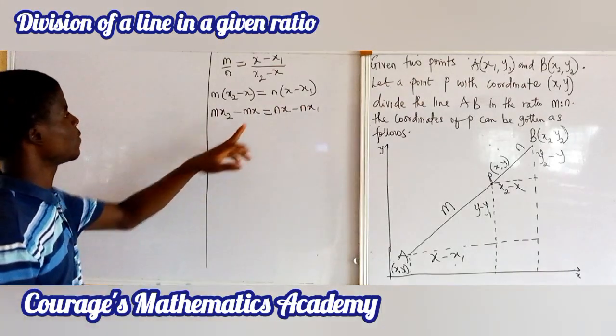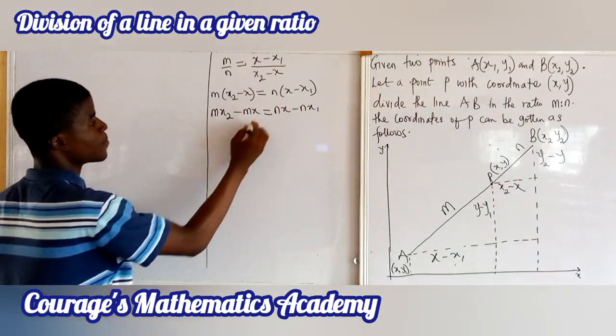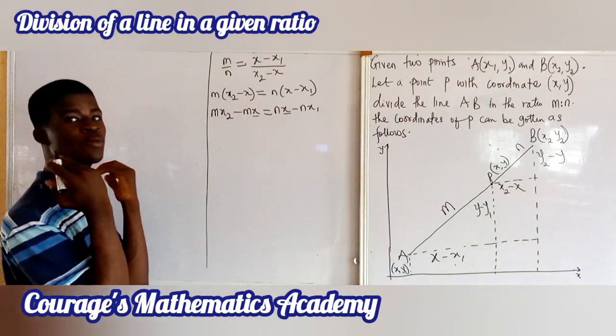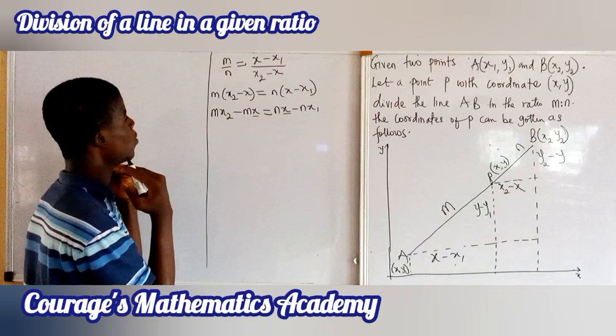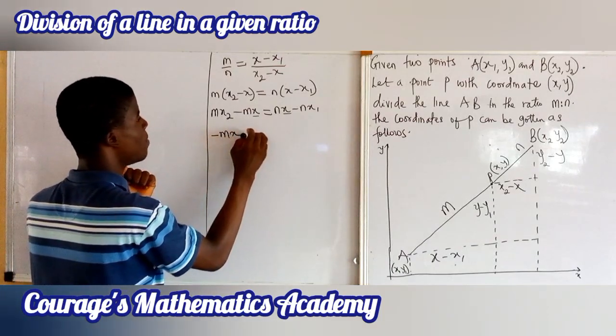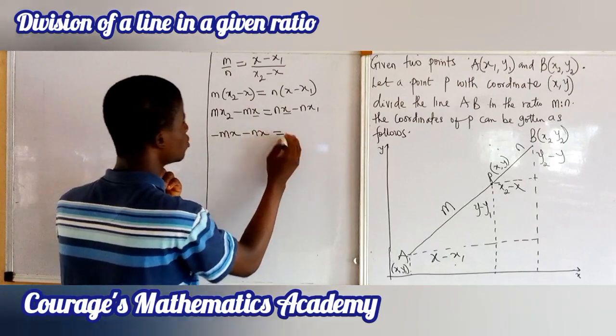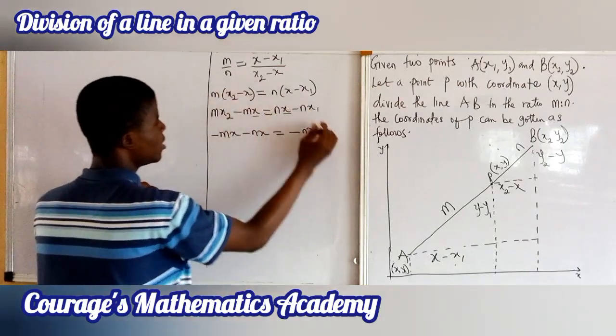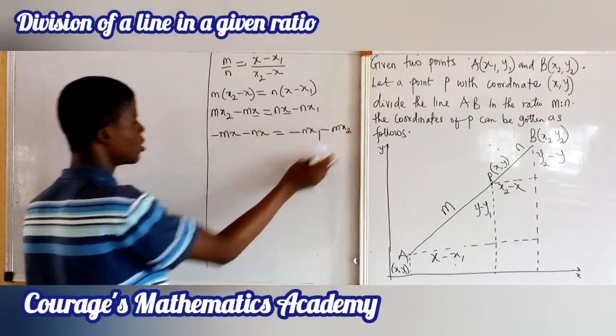We are looking for x. So let's collect like terms. We have x here and x here. So move the terms in x to the left, for example, and move the other terms to the right. So minus mx minus nx is equal to minus nx1 minus mx2.